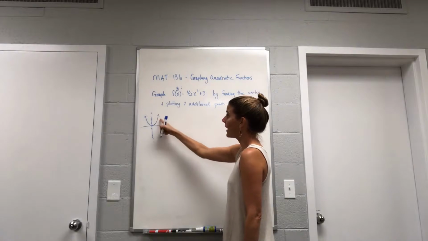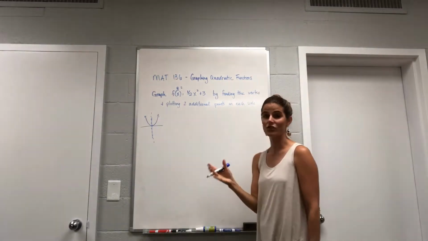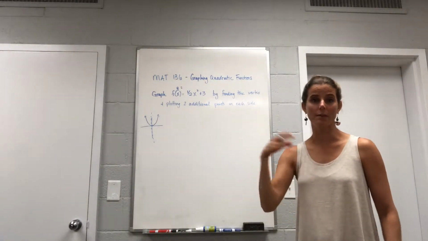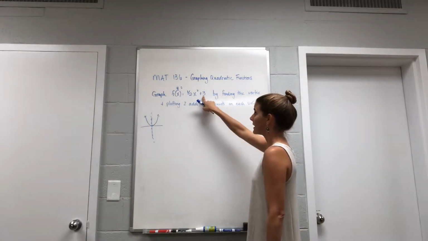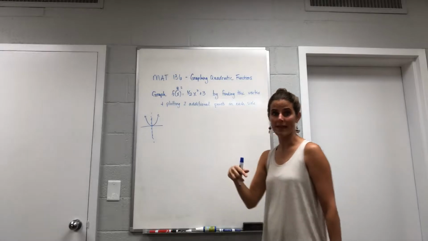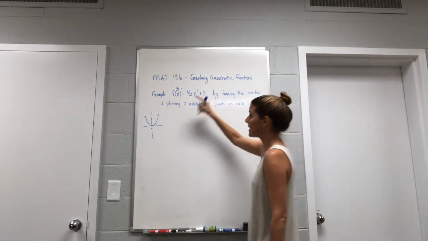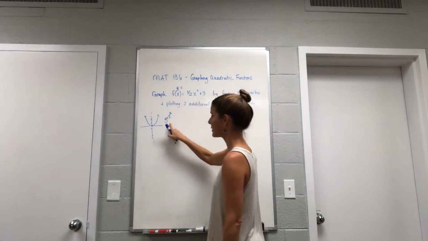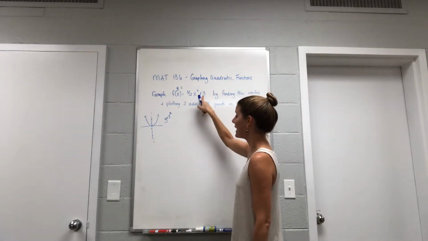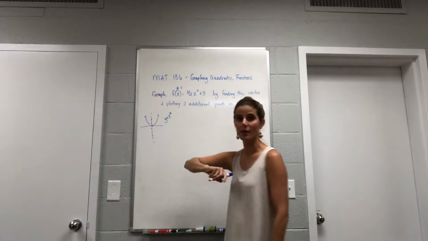So all of our graphs will have that shape. They might be skinnier, they might be wider, they might be upside down, but they will have that shape. So what we're going to focus on here, again, is this shift up or down. And this one shifts up. So again, this is a very rough graph, but this would be the graph of x squared. So if we're adding 3 to that, it literally just goes up by 3.